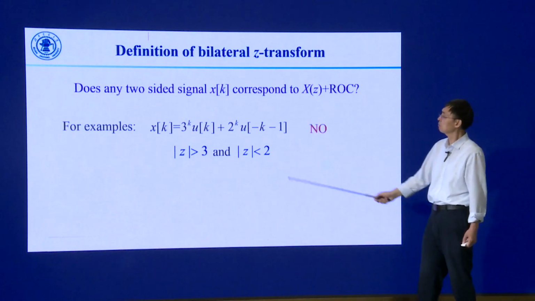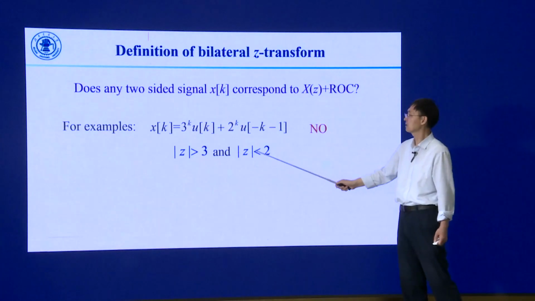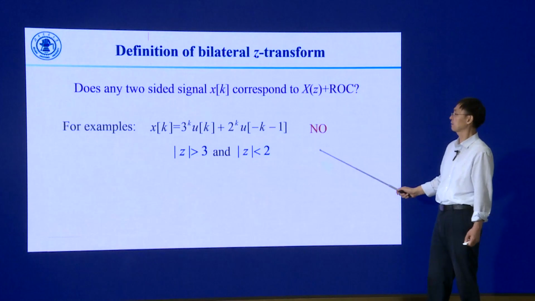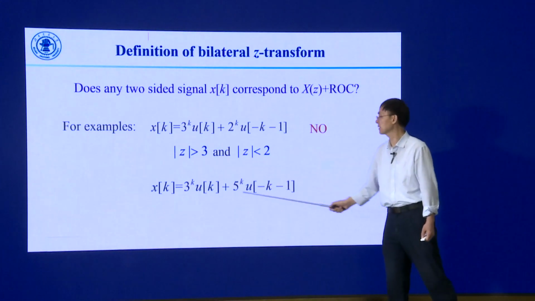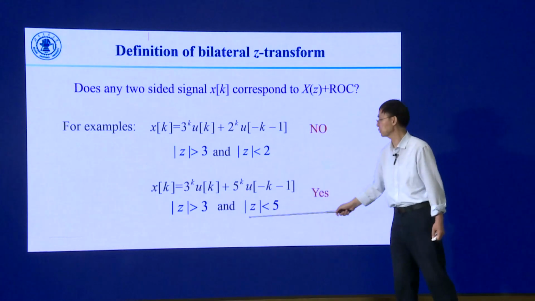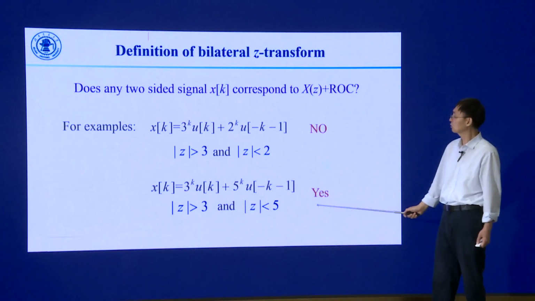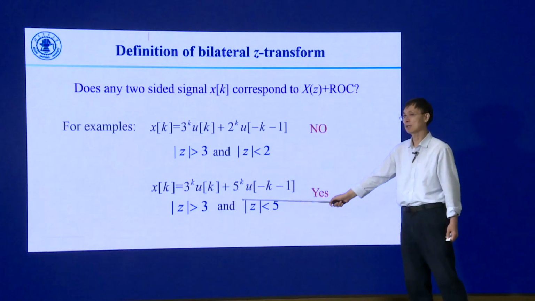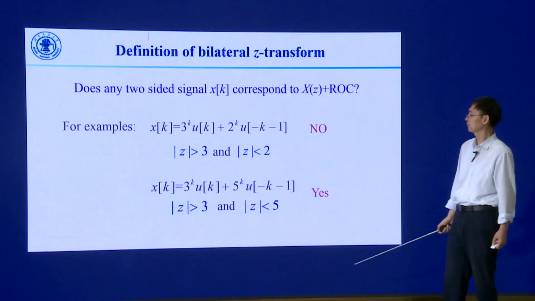But it's impossible to satisfy these two conditions simultaneously. For this two-sided signal, if these two conditions are satisfied, we can get its bilateral Z transform. This is possible to satisfy these two conditions simultaneously.